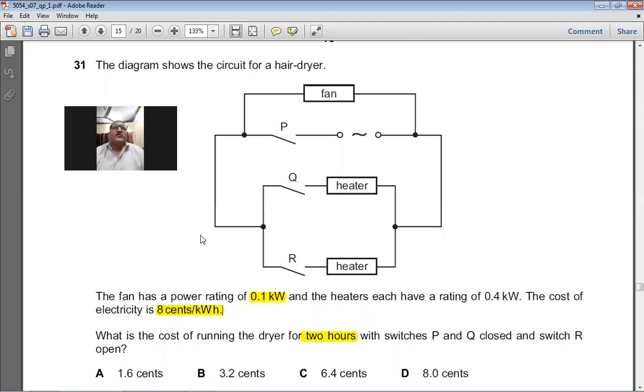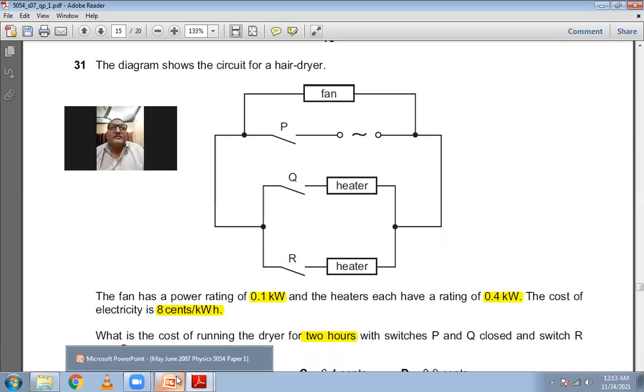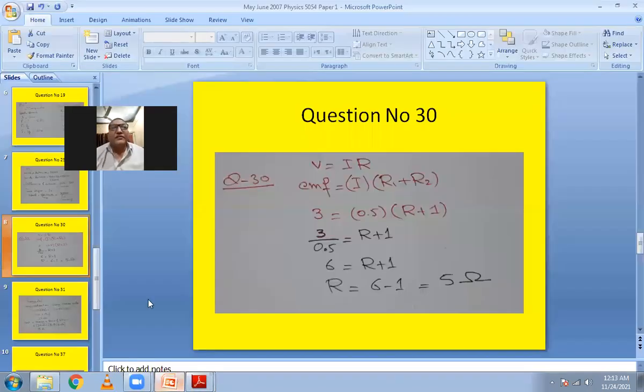The heater is also working. The power of the heater is 0.4 kilowatt, and it operated for 2 hours. The price is 8 cents per kilowatt hour. So power multiplied by time multiplied by price gives the cost of the heater. You add both costs, and that will be the total cost.